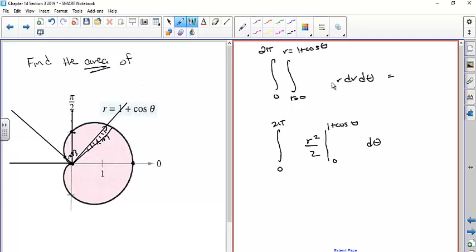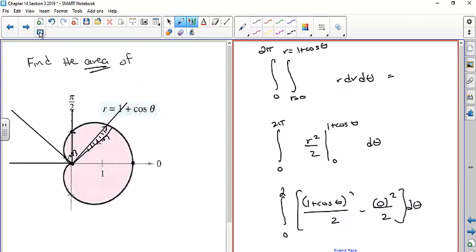So the integral of r dr is r squared over 2. And then we plug in the limits. So we get 1 plus cosine theta quantity squared over 2. And then you have minus 0 squared over 2. And then you put a d theta there.